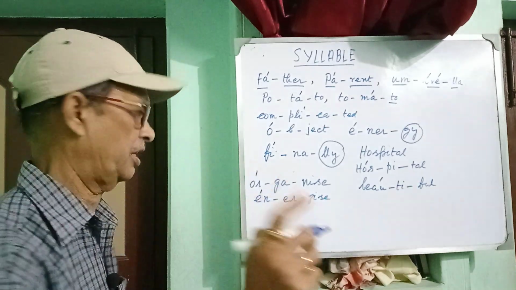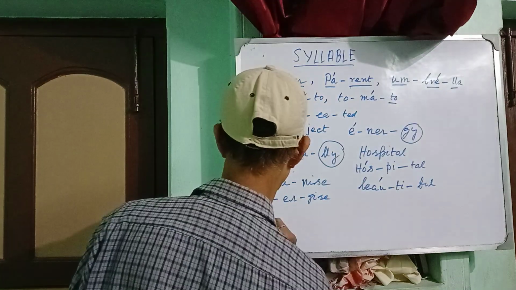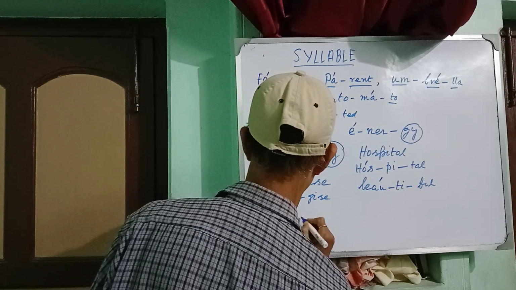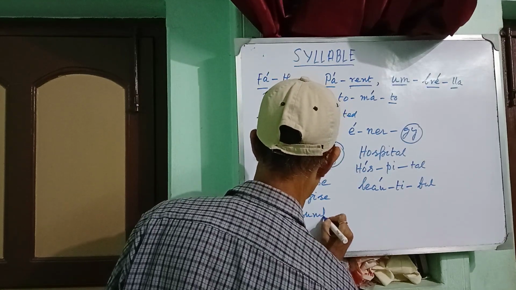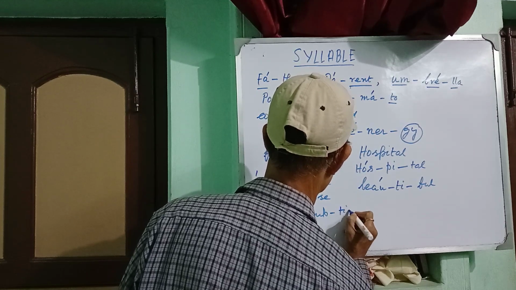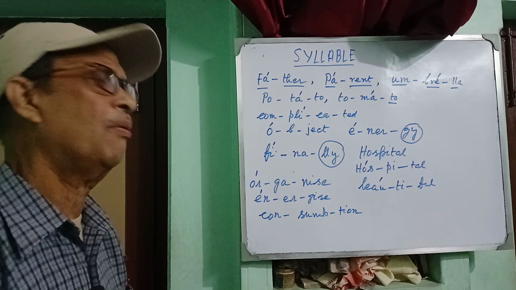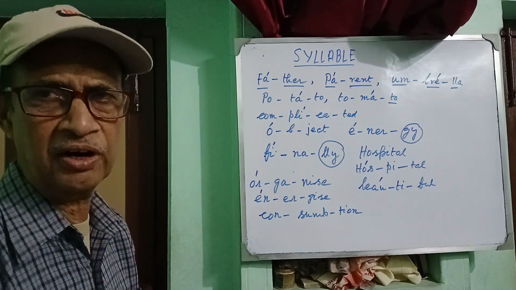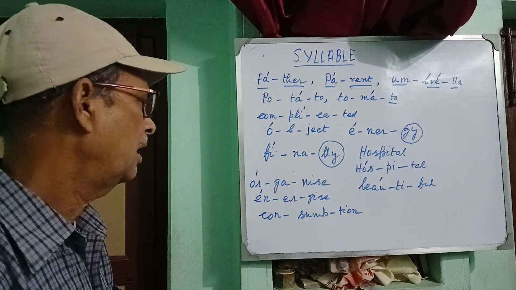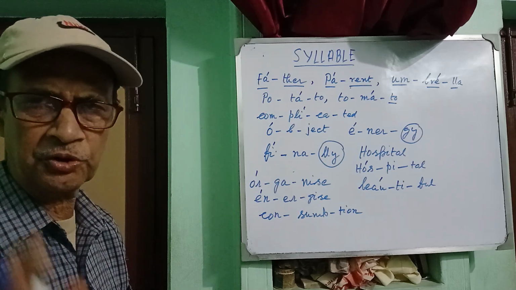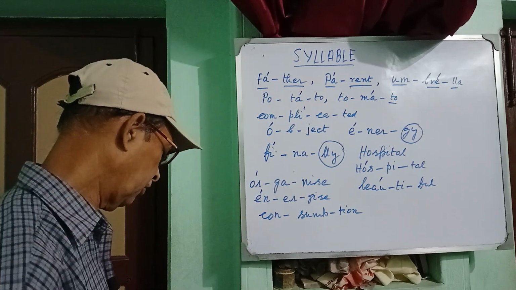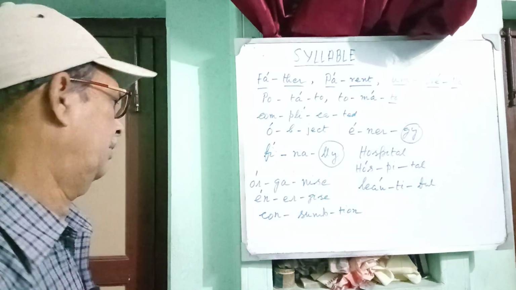For example, consumption. TION. When the word ends with TION or SION, you will have to give the stress on the second syllable.